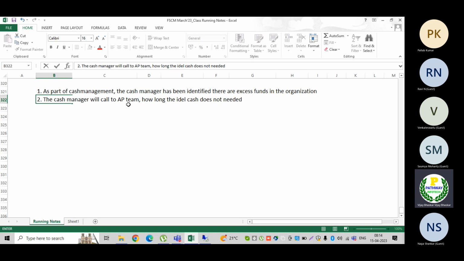Until then, the management will take a decision and will not keep the idle funds in their bank accounts. I'll put it like this: how long the idle funds are not required for payments.